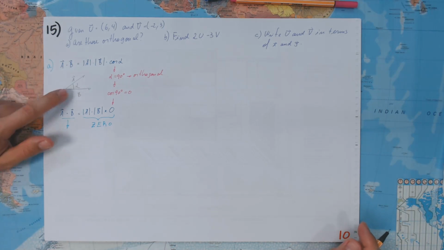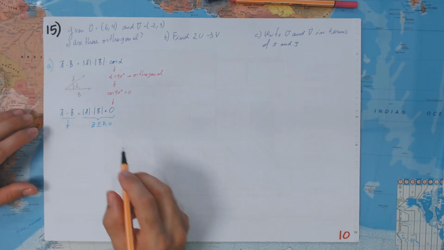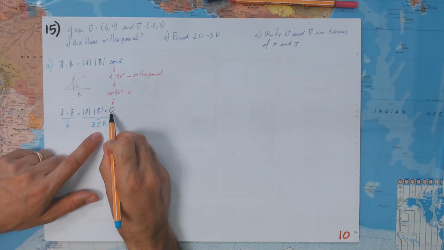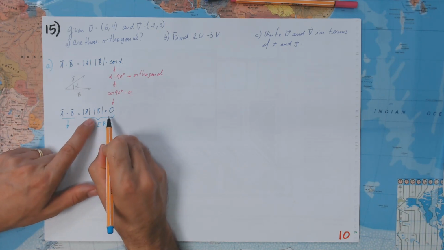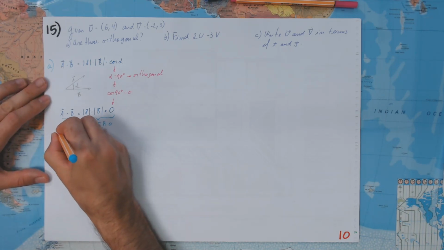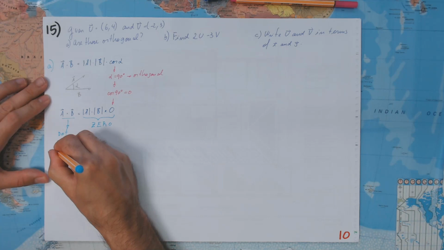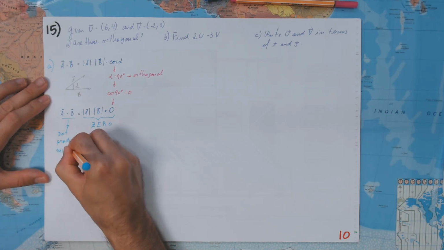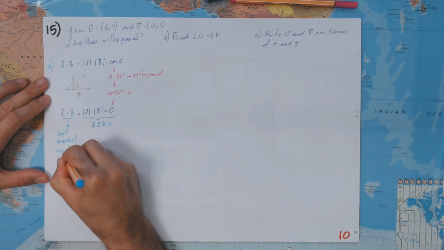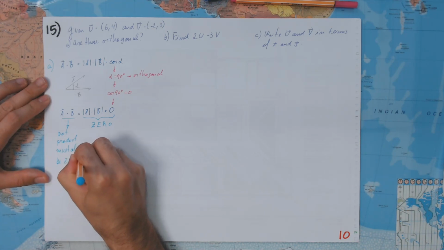But if alpha is 90 degrees, it means that this is going to be 0. If that side is 0, the dot product must also be a big 0.